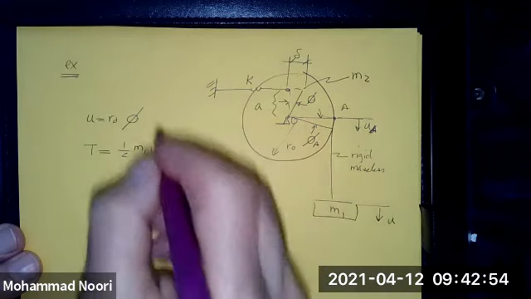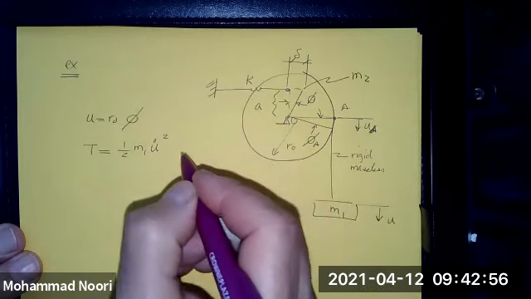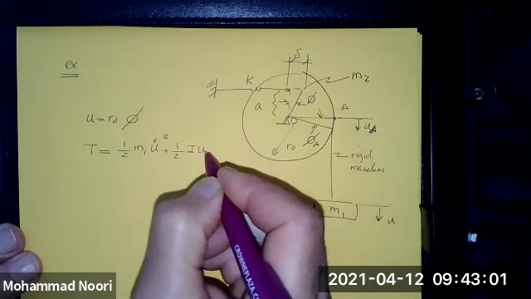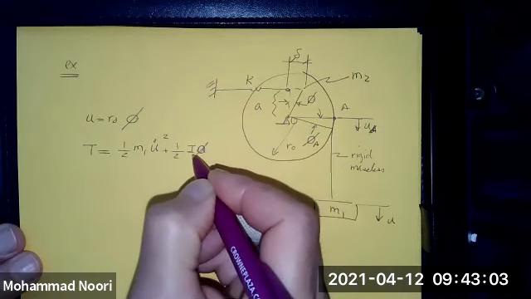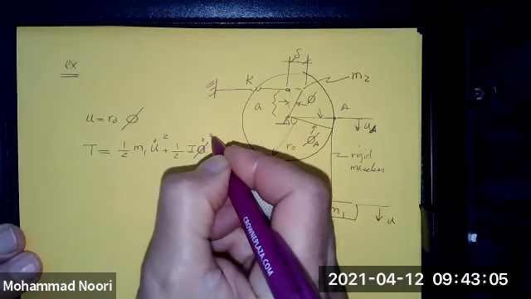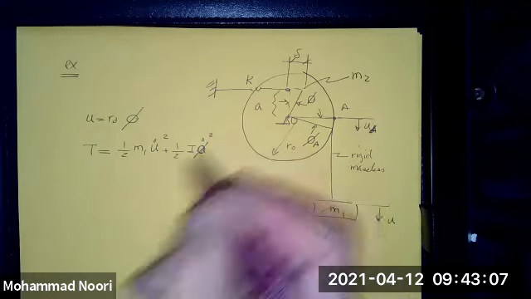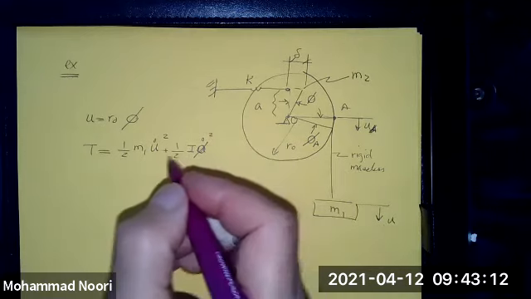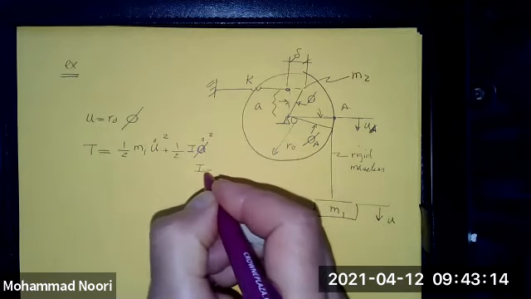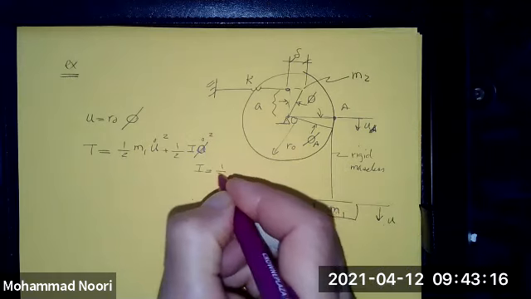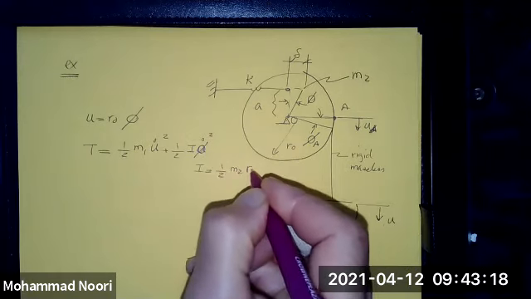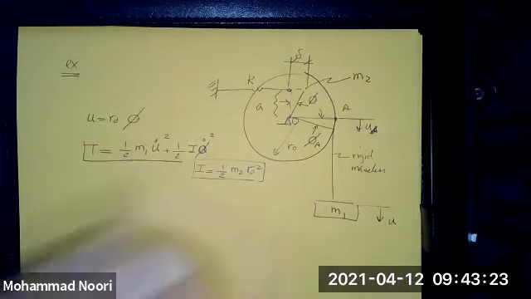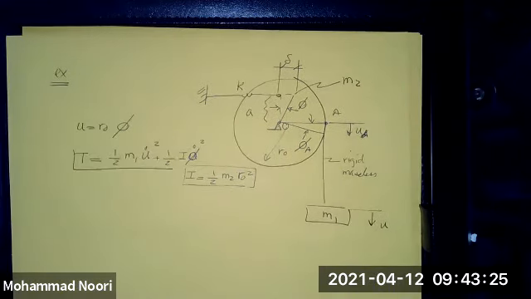How about this one? It is a rotational disk, so it would be 1/2 I times the rotation phi dot squared. And remember that I is 1/2 of m2 times r naught squared, if you want to substitute for that. So that's the kinetic energy.